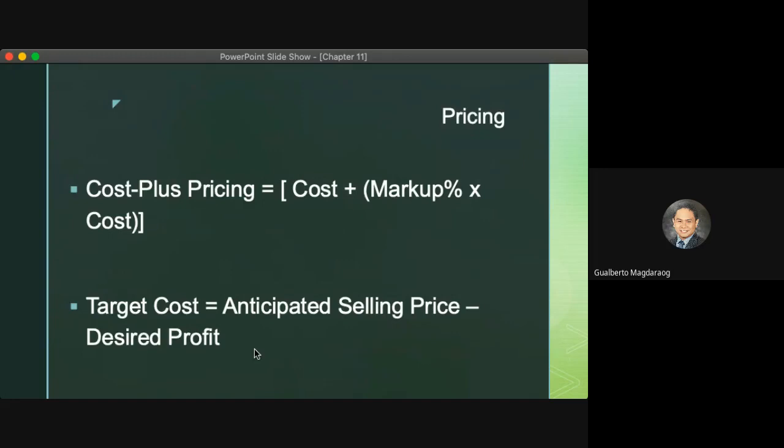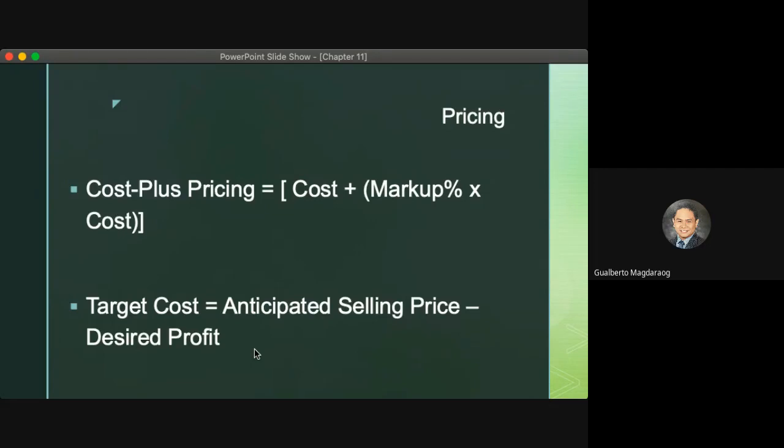Okay, sa cost plus pricing, simple lang, dadagdagan mo lang yung cost. Kaya sa tinawag na cost plus pricing. How much should be added to the cost? You simply set up the markup percentage, multiply by the cost.